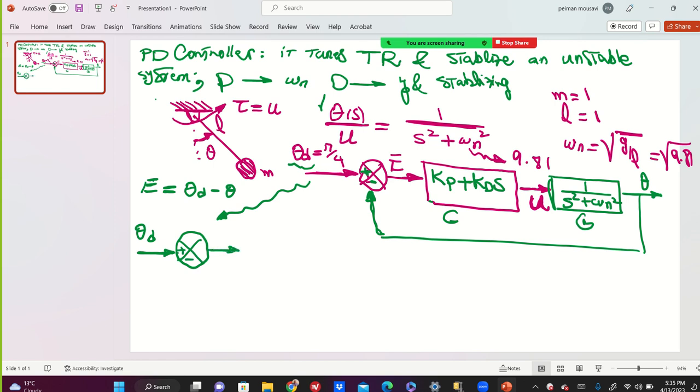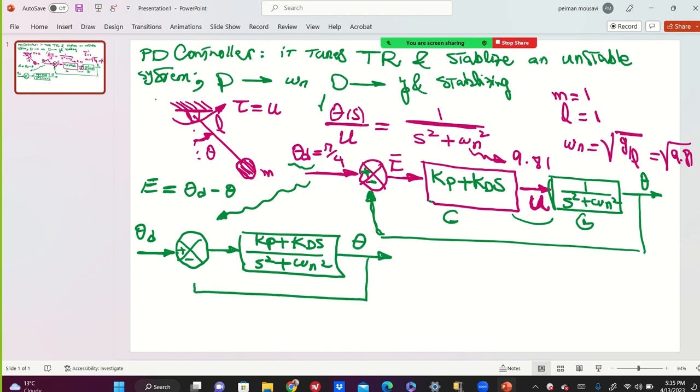Now you are multiplying two blocks, you get your new G, remember from the previous class? It's going to be Kp plus KDS divided by S square plus omega n square. This is going to be the real angle that is being measured and compared to the desired angle.